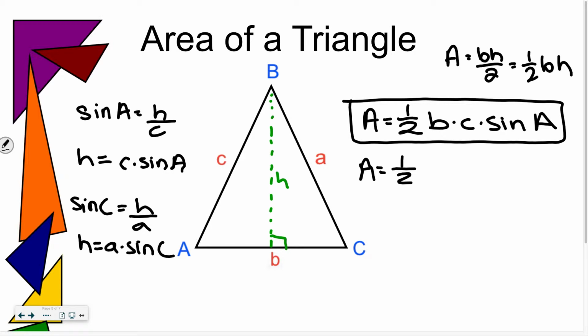It would be 1/2. I'm going to write it in alphabetical order, so I have lowercase a and lowercase b, and then times the sine of c. You could say b times a times sine c. And that's really the same formula. Okay. Can you tell me what the third formula would look like?